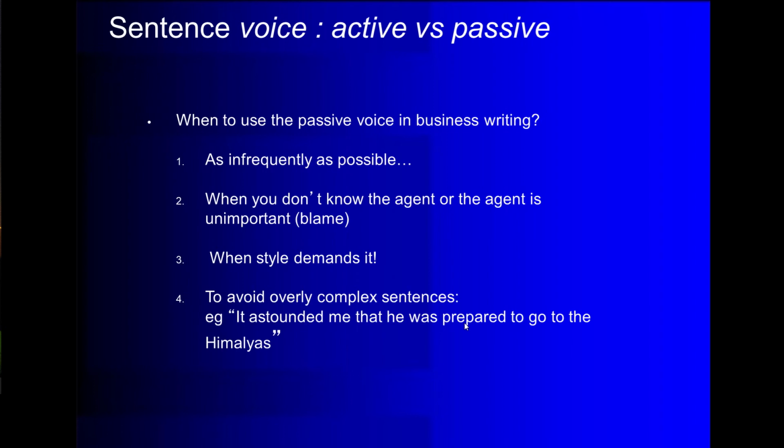So as he prepared to go to the Himalayas, I felt astonished. Okay, that's pretty awkward. It's not the same thing as it astounded me that he was prepared to go to the Himalayas. That's actually one of the few exceptions where you have those kind of complex sentences that only really make sense colloquially in the passive.